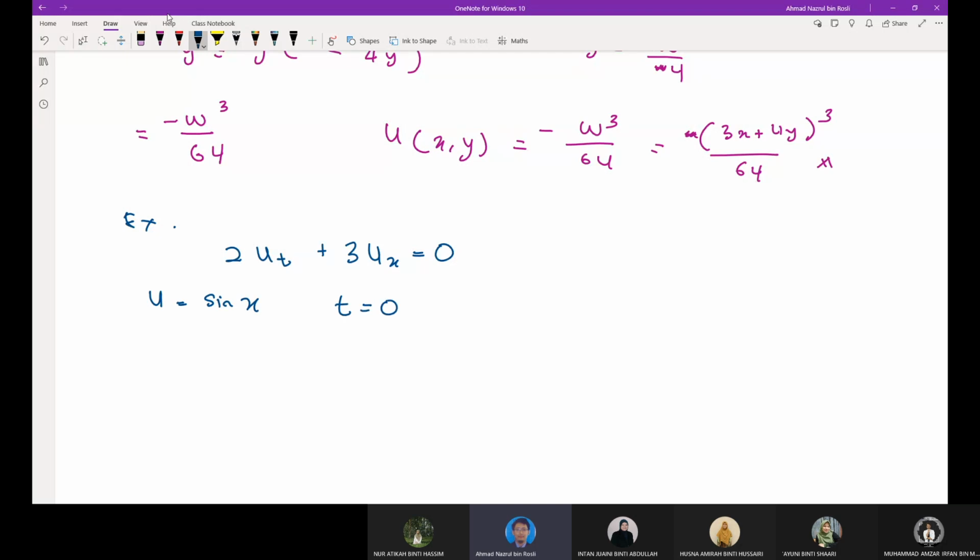Okay, with the auxiliary condition. Okay, so dari sini first you need to find lah T prime apa, X prime apa. Okay, so ini try dulu buat.